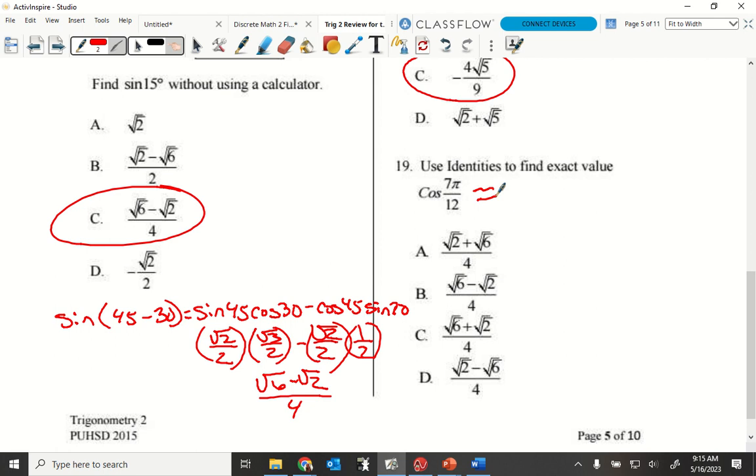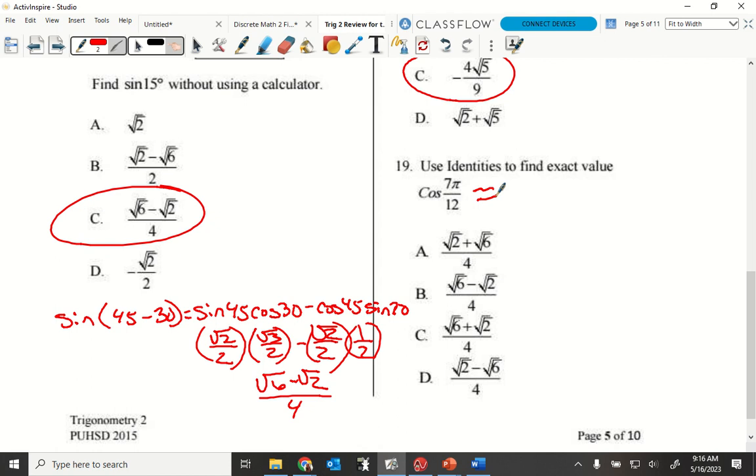Is it in radians? What did you guys get?